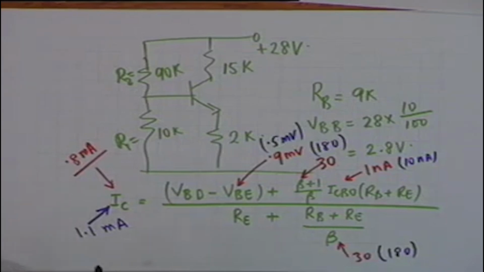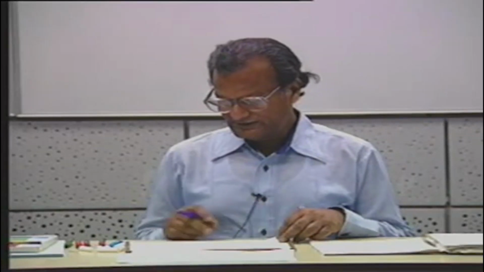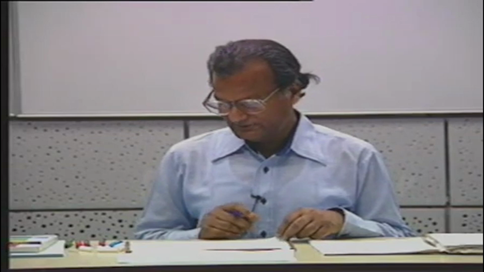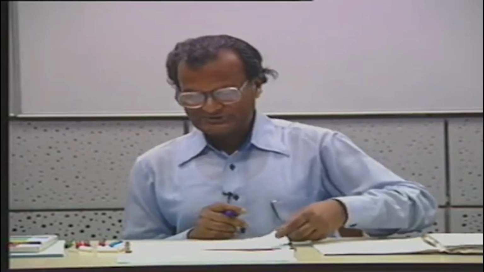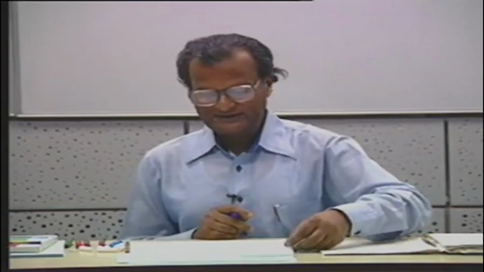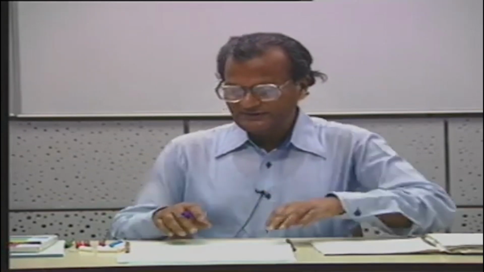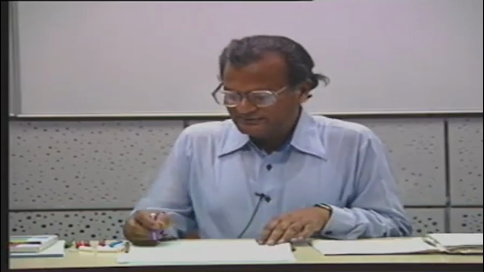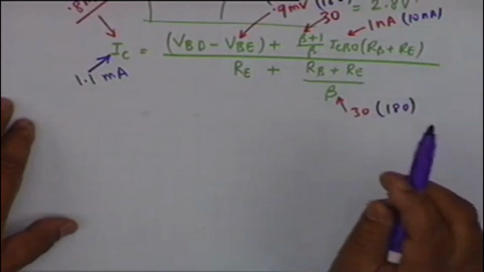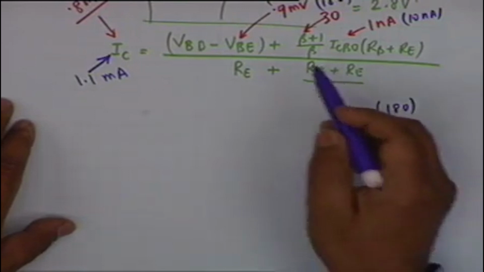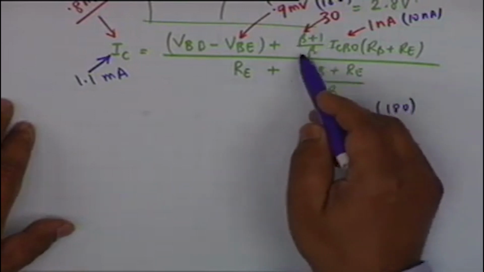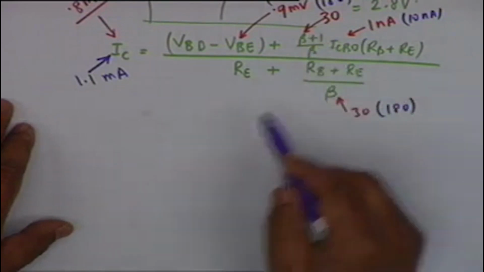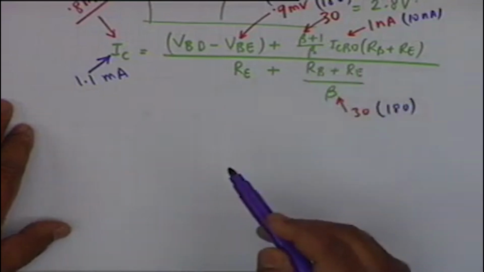All right. Now after this demonstration of the example, let's look at this expression again carefully and see what should be our design steps. Obviously, if you look at the dependence on beta, the numerator has a term containing beta, and in the denominator also there is a term containing beta.